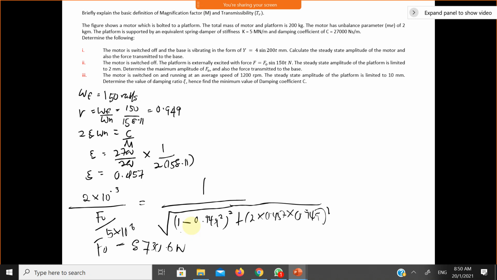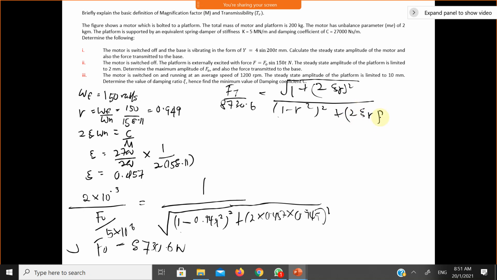Okay, so the formula adalah Ft over F naught, which is 8730.6 sama dengan rumus dia adalah 1 plus 2 zeta R squared over 1 minus R squared square plus 2 zeta R square.